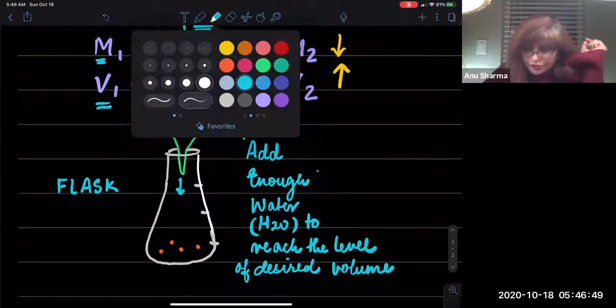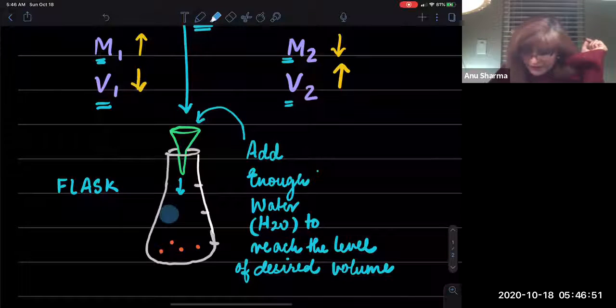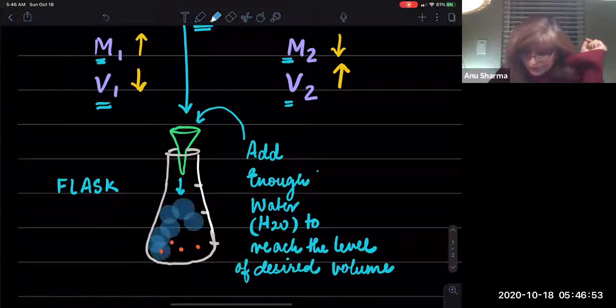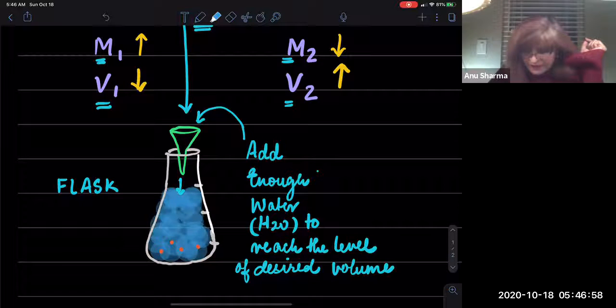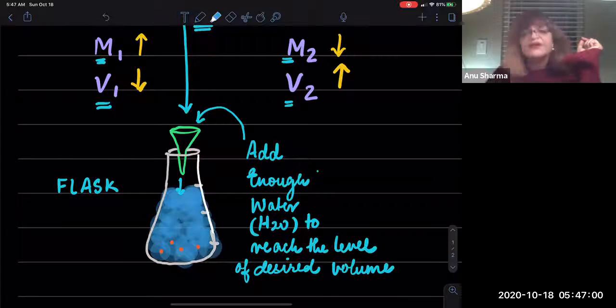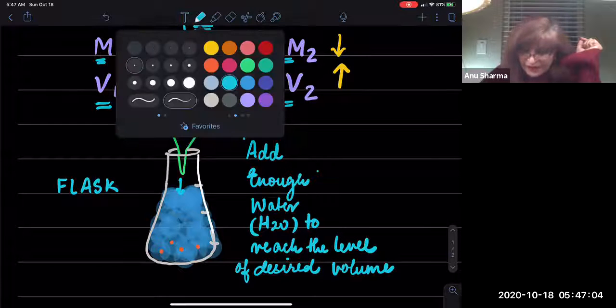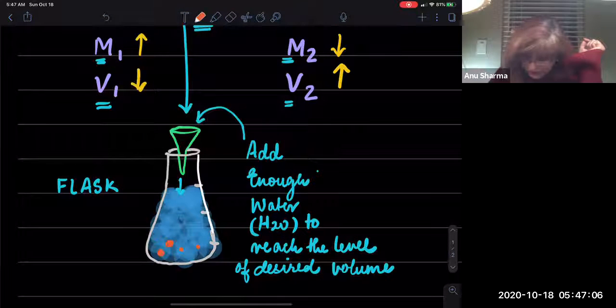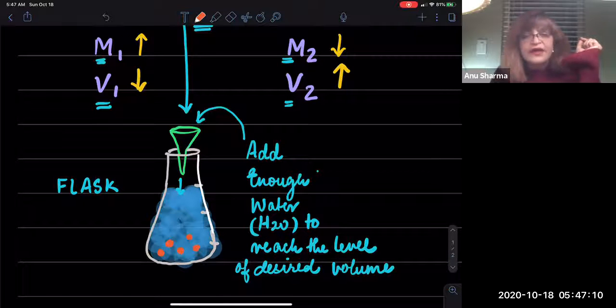It's not that the water is 100 ml. No, it's the total amount of water that is just enough to fill up to our desired level. So this contains, as you can see, a very little bit of the more concentrated solution particles. And so now this is a dilute solution.